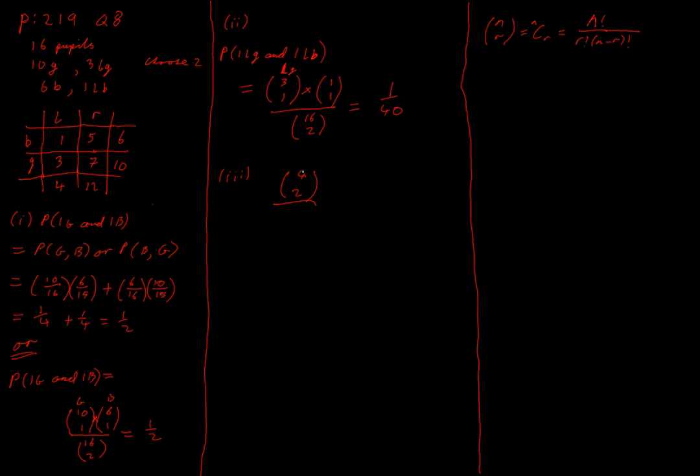So I want to pick from my group of left-handed people, 2 of them, and then my total is still 16, choose 2, for the total number of ways I could pick any 2 people from my class of 16. And when I put that into my calculator, I get 1/20th.